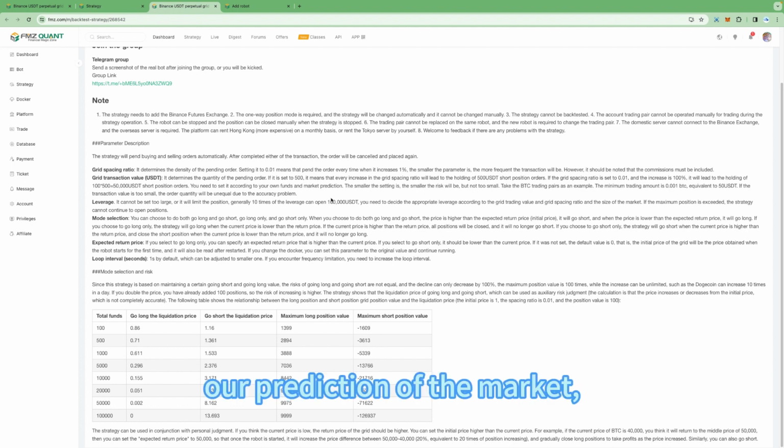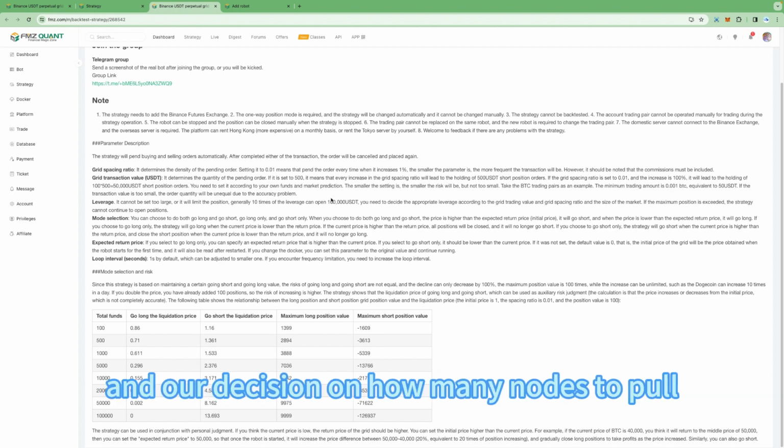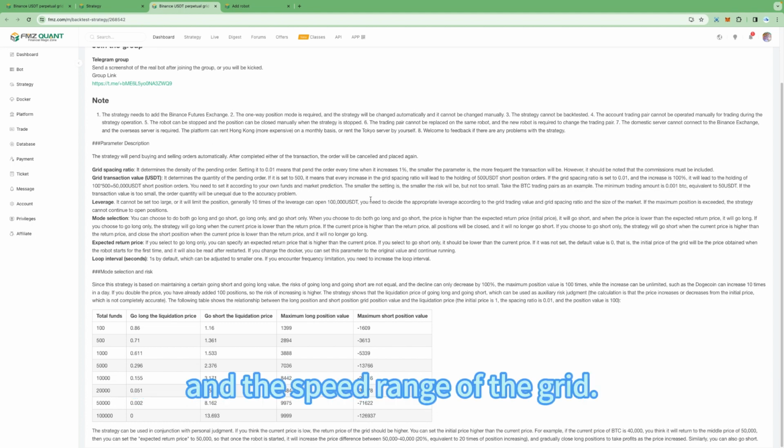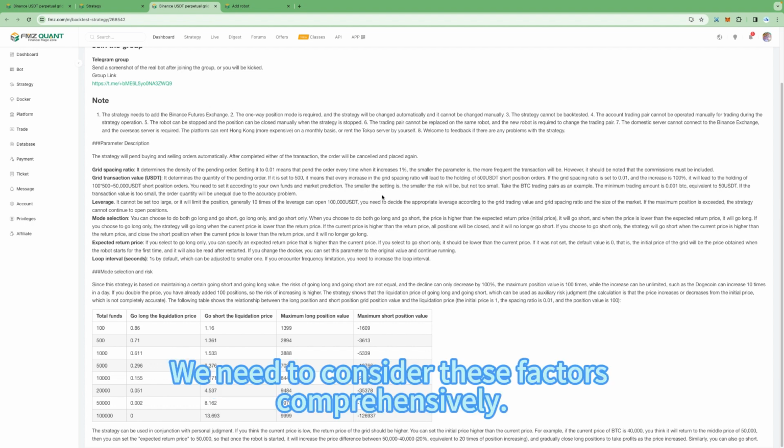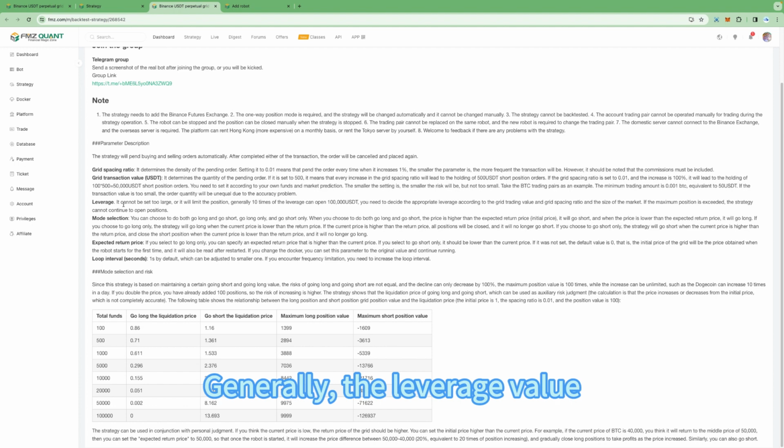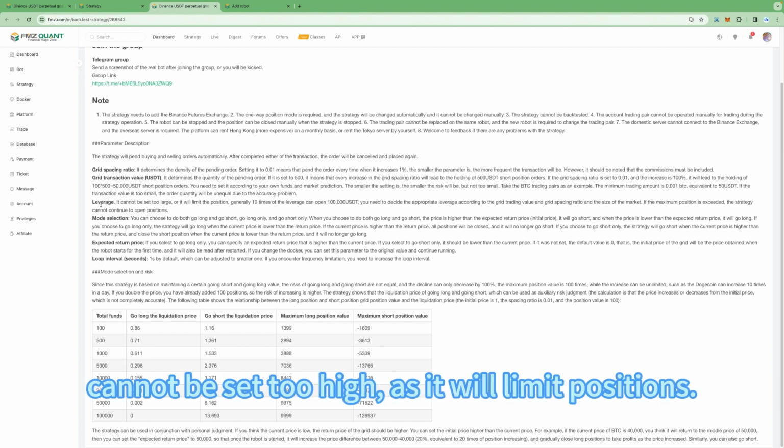Our prediction of the market and our decision on how many nodes to pull and the speed range of the grid. We need to consider these factors comprehensively. Generally, the leverage value cannot be set too high, as it will limit positions.